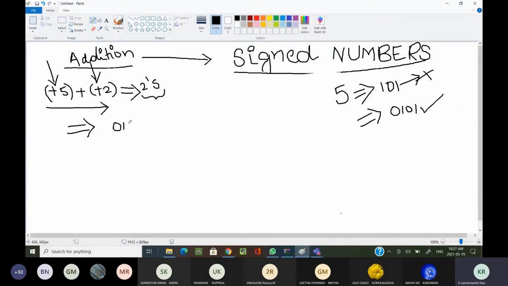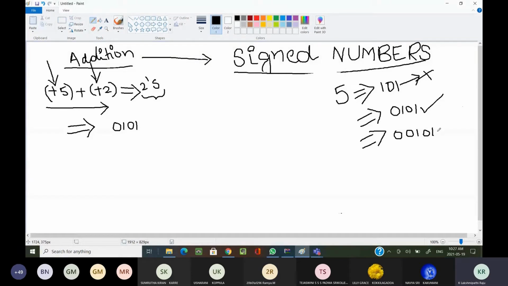Can't I take a 5-bit representation? Can someone tell me? Whether it is a 4-bit representation, the range is -7 to +7 only. My question is, can't I consider a 5-bit representation of plus 5? It is possible.